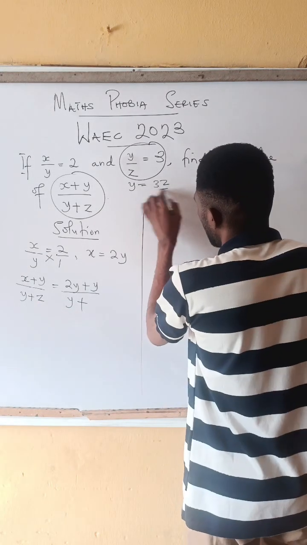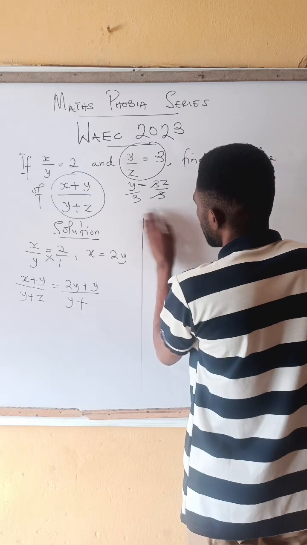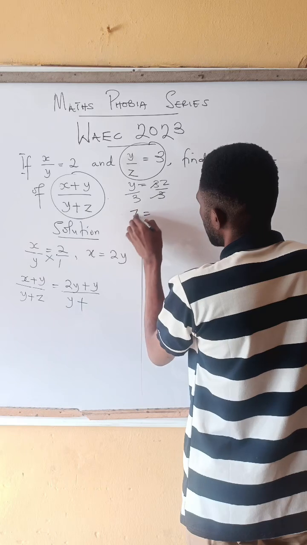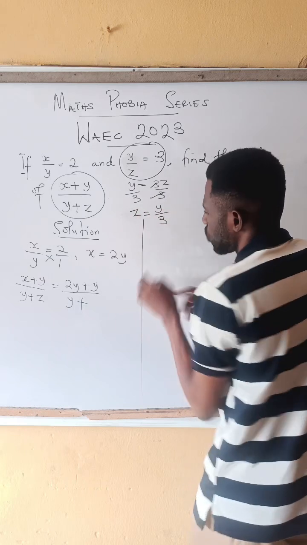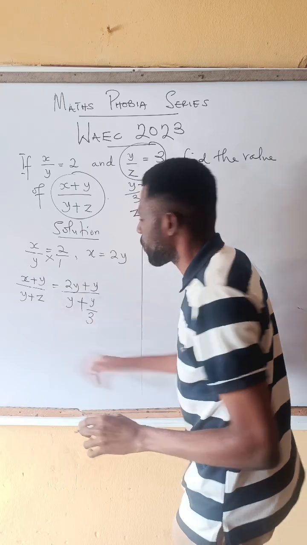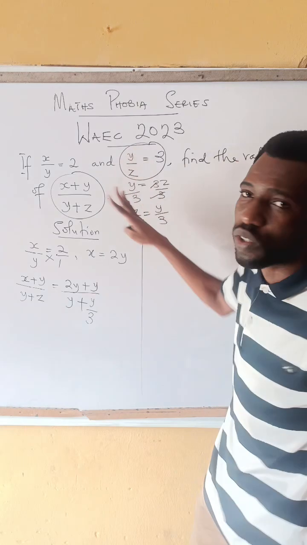So what is my z? z is y over 3. So in place of z, we have y over 3. What do you observe? Everything now is just in terms of one letter. And that's how you solve questions like this.